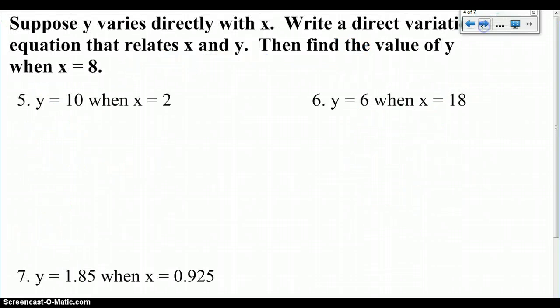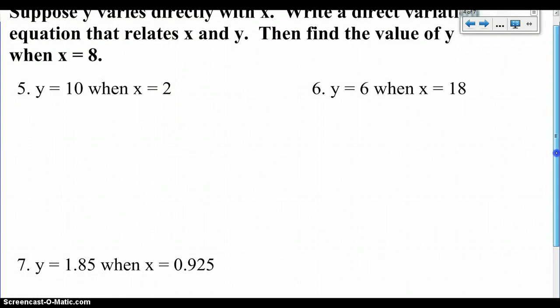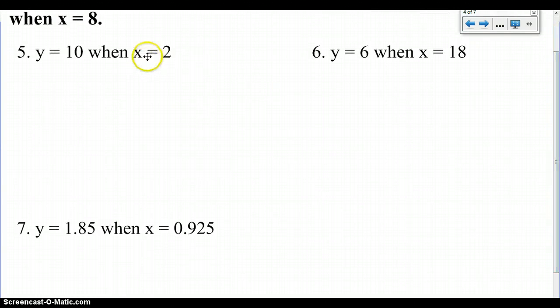Let's go on to the next ones. For these ones, suppose y varies directly with x. Write a direct variation equation that relates x and y. Then find the value of y when x is equal to 8. Okay, for this one, y is equal to 10 when x is equal to 2. We're going to use the form, just like the last slide, y equals kx.